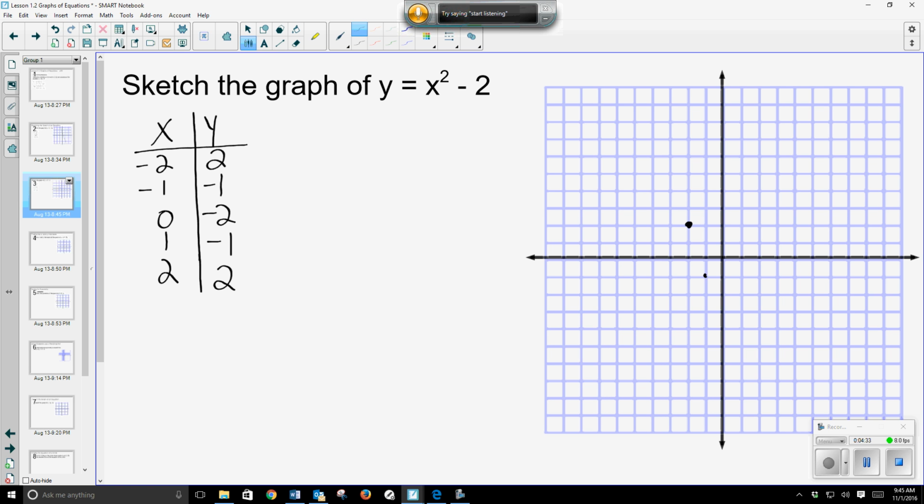Negative 1, negative 1. 0, negative 2. 1, negative 1. 2, 2. You put a curve through those points. Next.